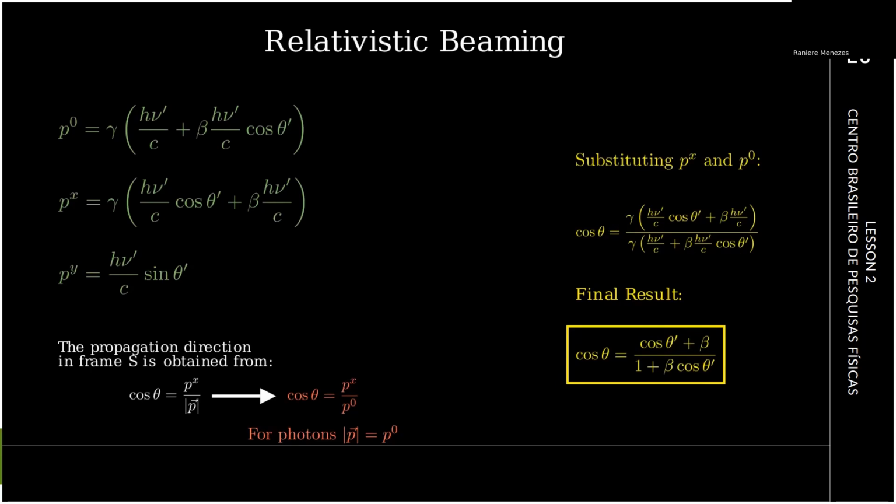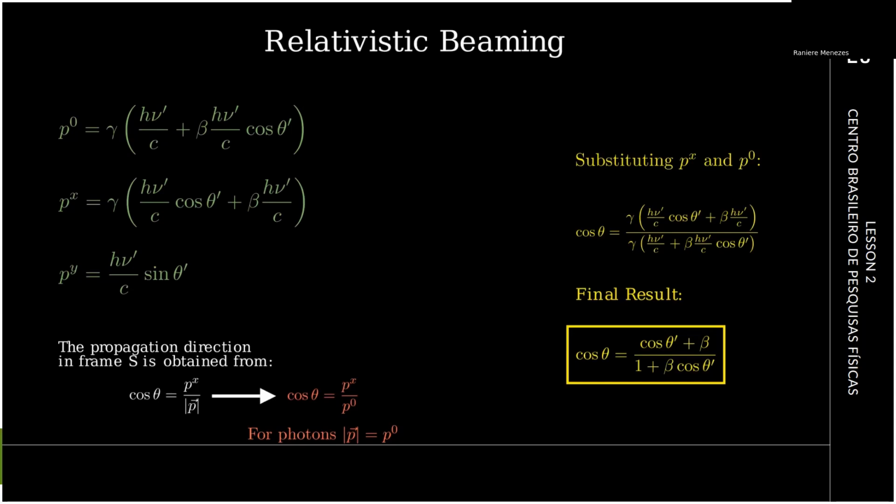Can you see what happened already, just looking at this formula? Remember that the prime is the reference frame of the relativistic particle. What happens if a photon is leaving this particle, in the particle frame, at a 90 degrees angle? What happens with the cosine of theta prime?